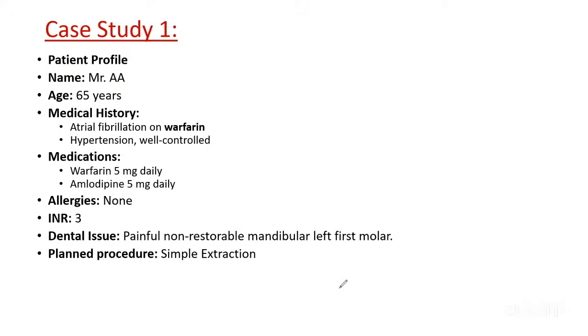According to the guidelines, the INR of this patient is in the therapeutic range, so we can proceed with the simple tooth extraction. Basically, you can proceed, applying pressure with gauze and a local hemostatic measure. Hopefully, this will control the bleeding for this patient.